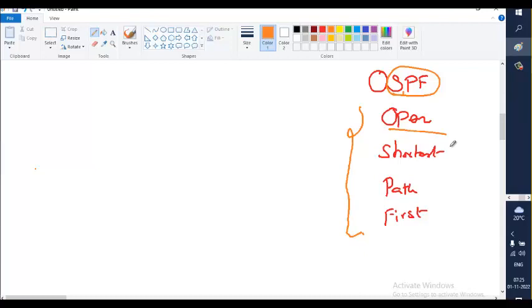If it is Cisco's, then you need to ask Cisco's permission to use it in your device, if you are not Cisco. But for OSPF, you don't need to ask anyone. If you are a designer and you design a router, you can have OSPF. It's an open standard routing protocol.